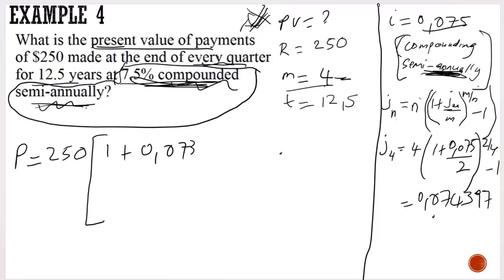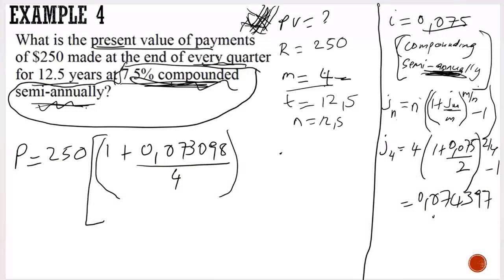I'm very careful, guys, when I'm working with this, not to round things to the second decimal place early, because I'm avoiding getting incorrect answers. What is our M? We are out of the panel beating, we came back here. According to our formula, your thing is 4, and then your N is equal to 12.5 multiplied by 4. I think your answer is equal to 80 if I'm correct.